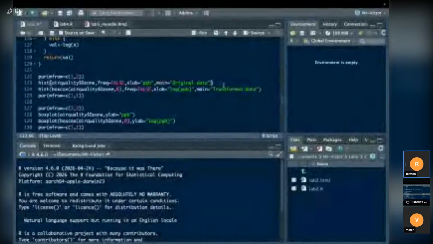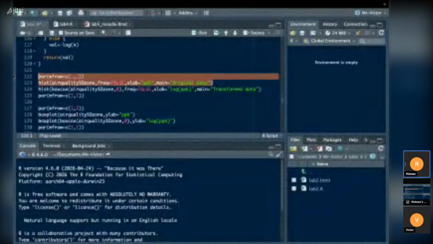Sometimes we use frequency, sometimes we use what? Density. So frequency equals FALSE, what will it show you? Is it to get density? Yes, you get density.